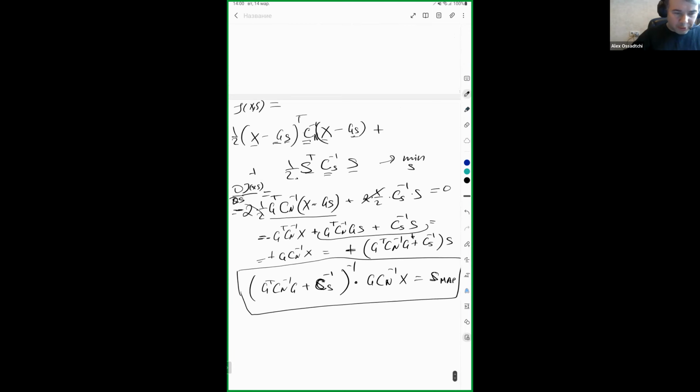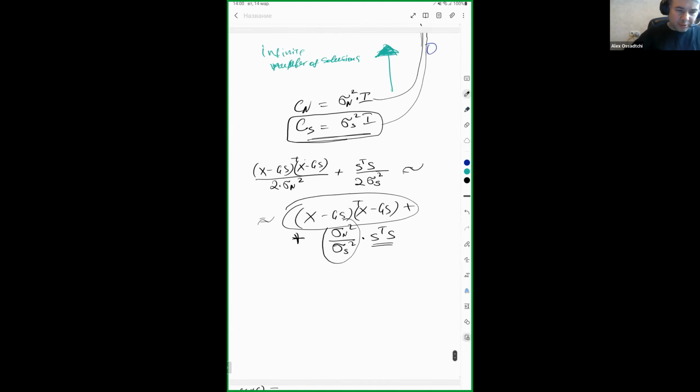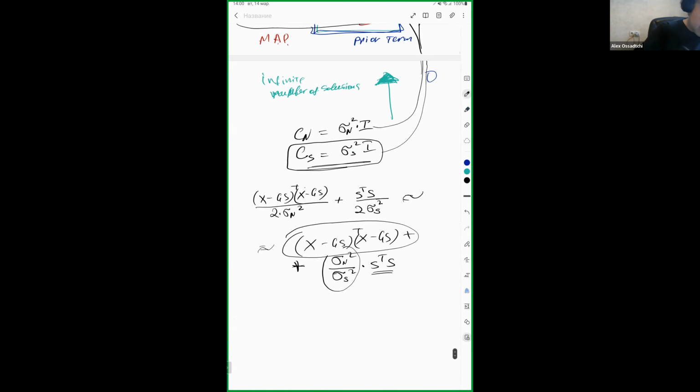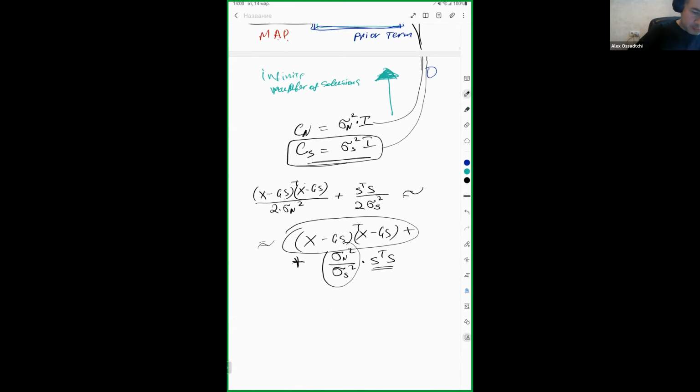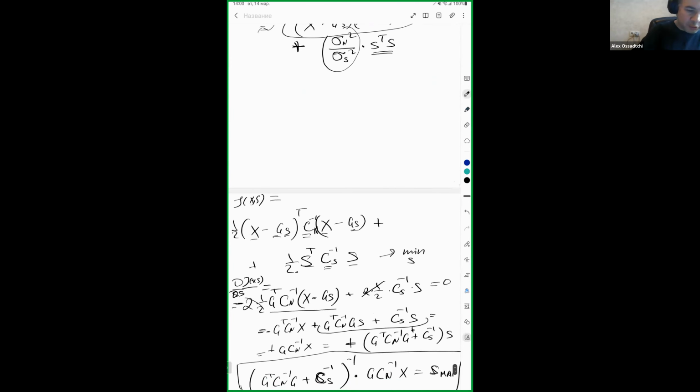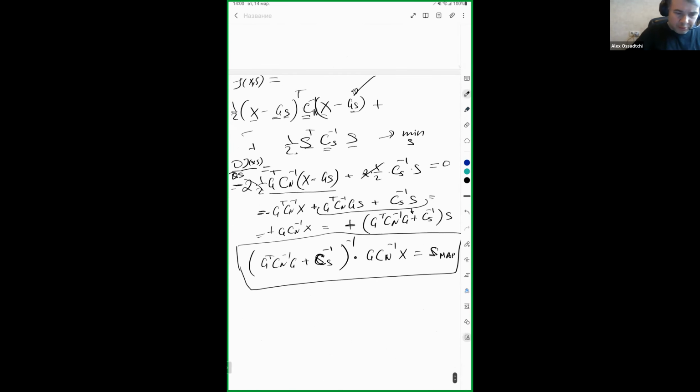So nothing, really. We've written this functional that we want to minimize, this guy here. We have taken the derivative of it with respect to s because we want to minimize it, right? We took the derivative, a little bit involving, but not really. Simply quadratic expressions, right?